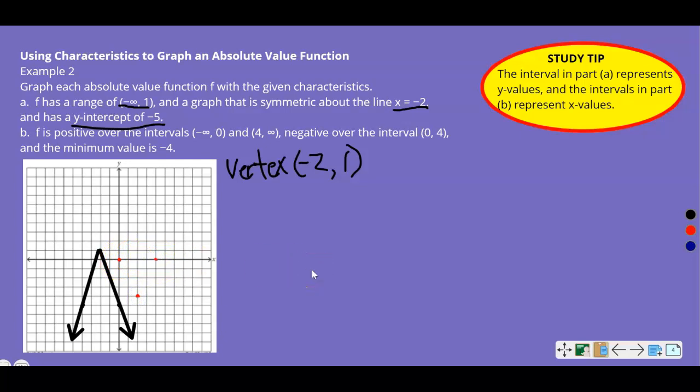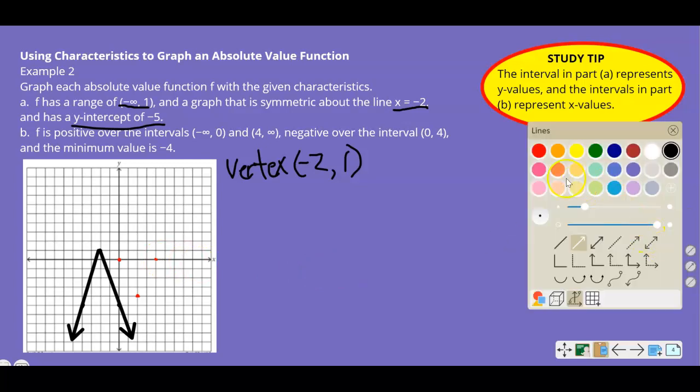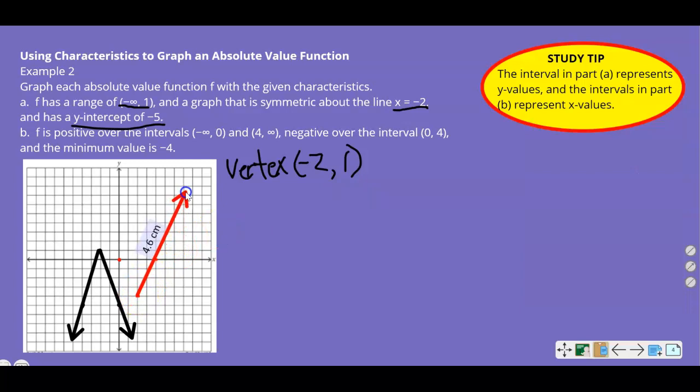So you really have to think about what you're given and kind of piece the information together to use the characteristics to make a graph. But if you have 3 points, if you have a vertex and at least 1 point on each side of the vertex, you can graph that line. All right, so that one is how you would graph part B.